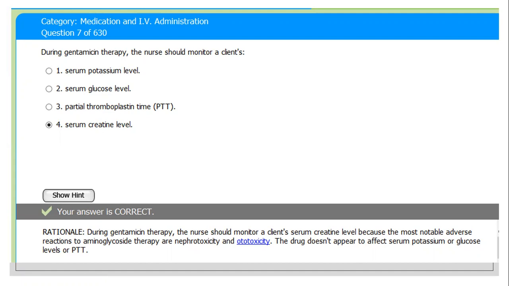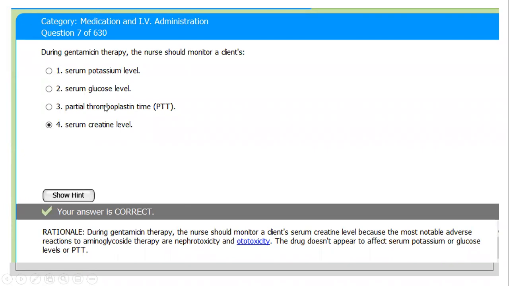Aminoglycosides inhibit protein synthesis and contain amino-modified glycoside molecules. So nephrotoxicity and ototoxicity. And these drugs do not appear to affect serum potassium, glucose, or PTT.